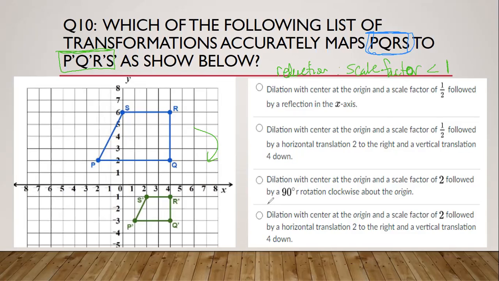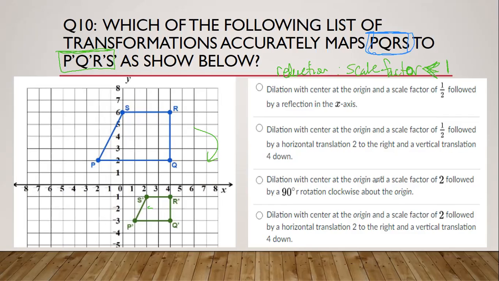So if I take a look at my options here, it's a dilation with the center at the origin and a scale factor of 1/2. That's a possibility. Dilation with the center at the origin and scale factor of 1/2, that's also a possibility, okay? So 1/2 and 1/2 are definitely possibilities because my scale factors are less than 1, which means we got smaller.